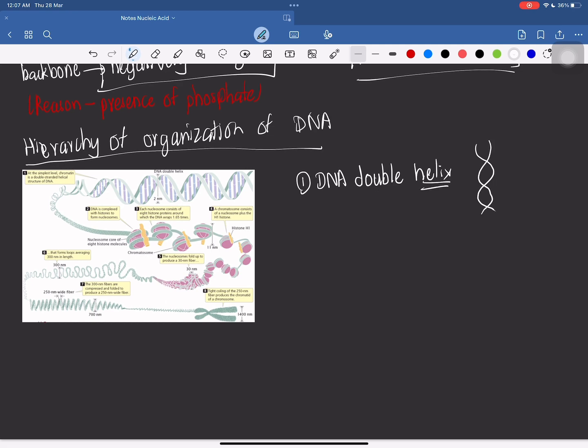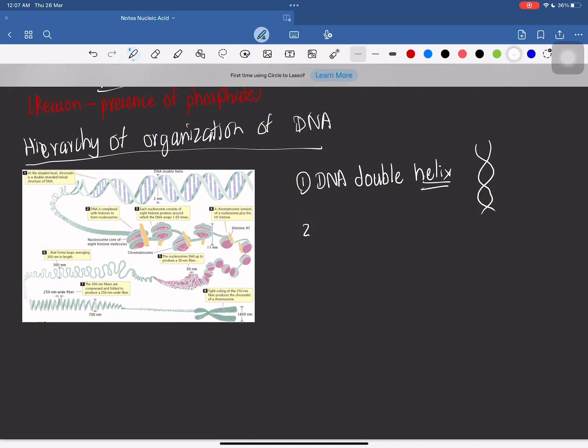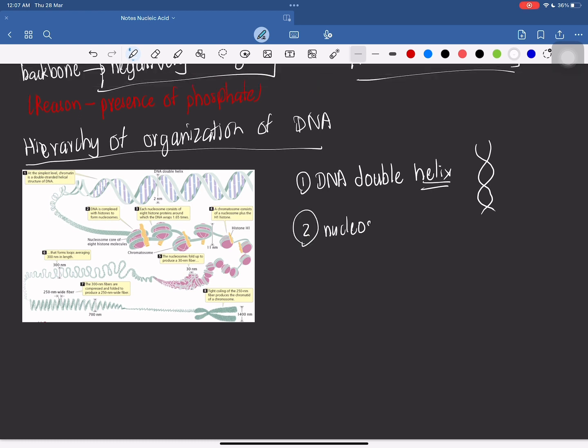So usually DNA has this structure. That's why it's called helix. And DNA together with the octamer is called a nucleosome. Here is the nucleosome. And you can see that there are lots of nucleosomes together, and they will make a turn.